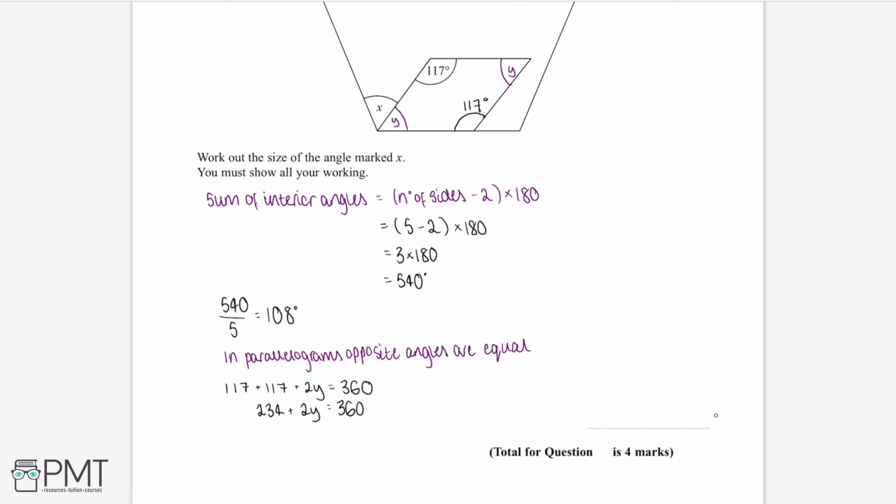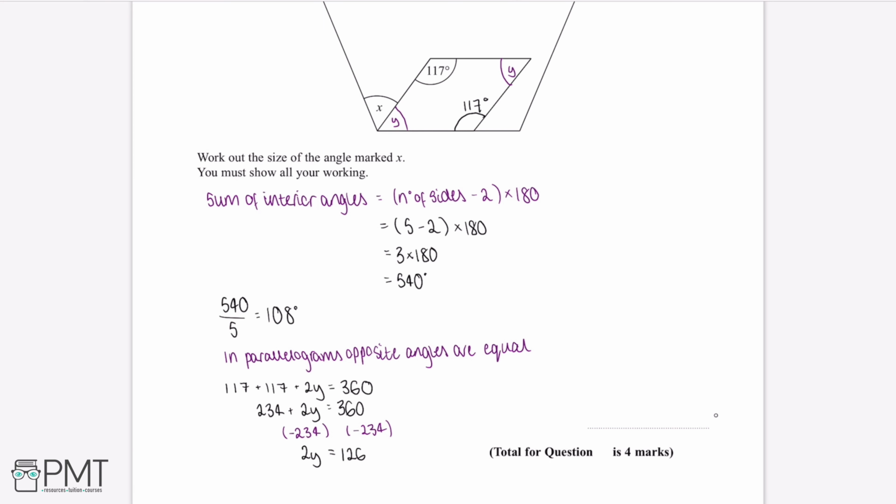So the first thing we can do is minus 234 from both sides of this equation. So 234 add 2y minus 234 will give us 2y, and then 360 minus 234 gives us 126.